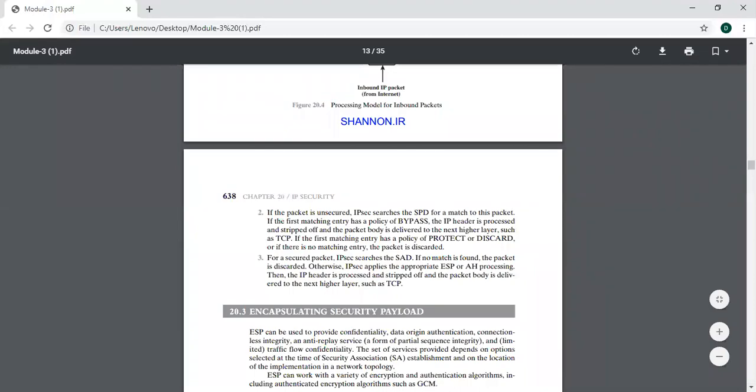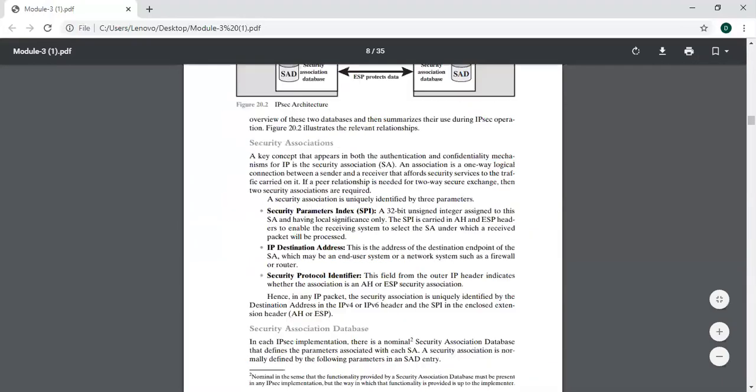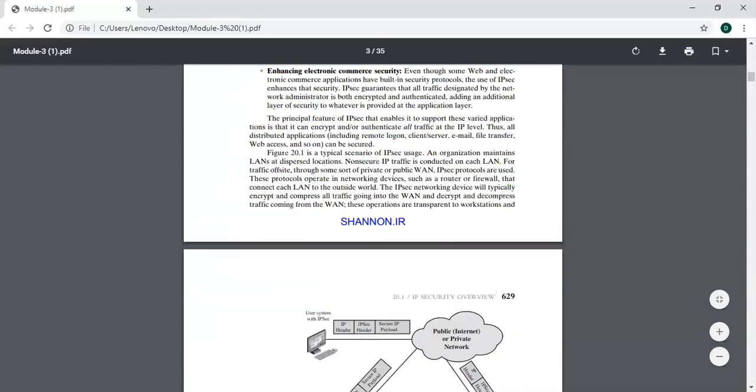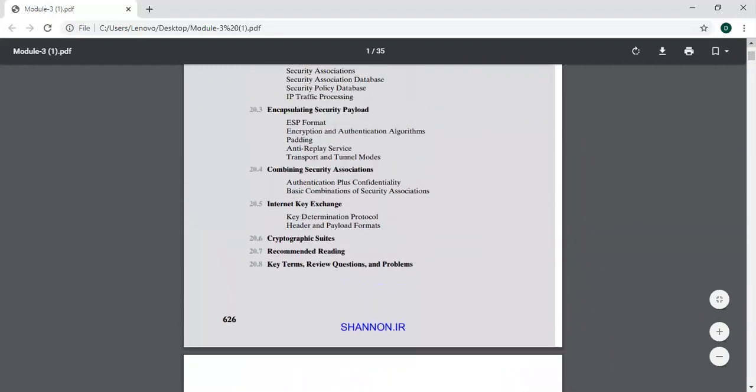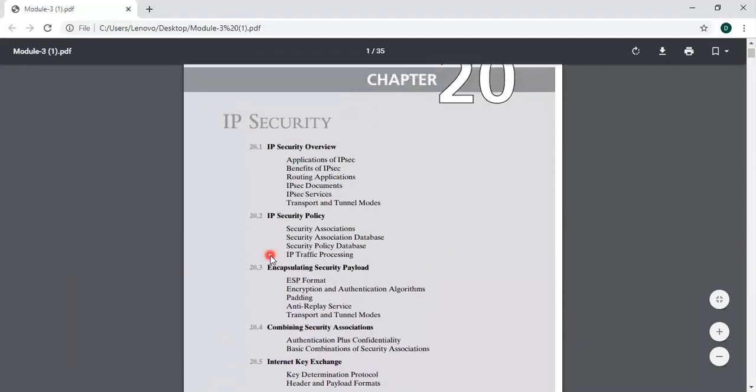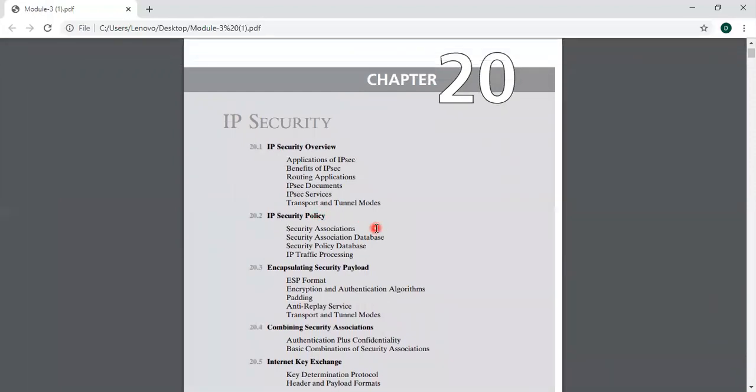Today's class we have discussed IP security policies. In IP security policies, we discussed IP security architecture, explained with these points: the security association database and the security policy database.